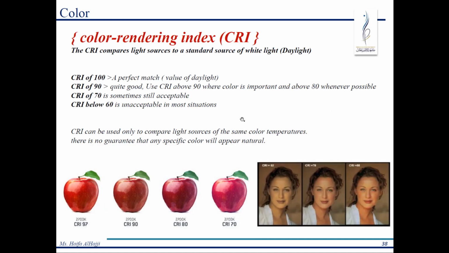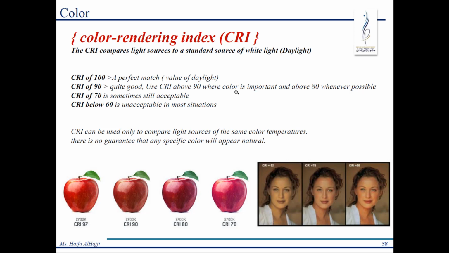Now, the other scale is the CRI. As I told you earlier, the CRI is the abbreviation for Color Rendering Index. So the Color Rendering Index is using an ideal white color as your index, and then you are relating your light source in relation to that ideal light.